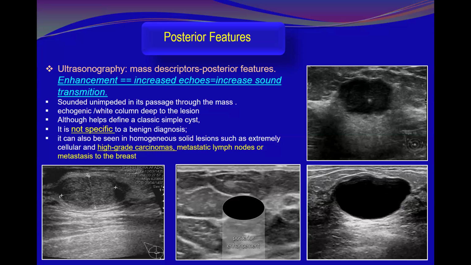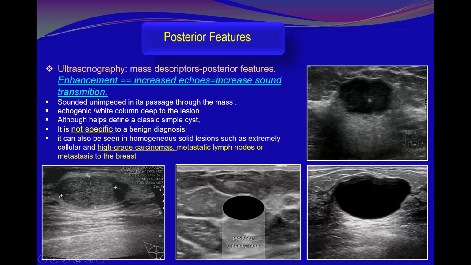okay? And it can be seen with metastasis in the breast and metastatic axillary lymph node. It is a non-specific feature, and it depends upon the other features. If it is associated with a typical fibroadenoma or a cyst, it's okay.